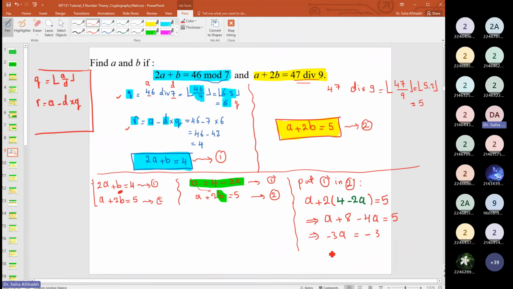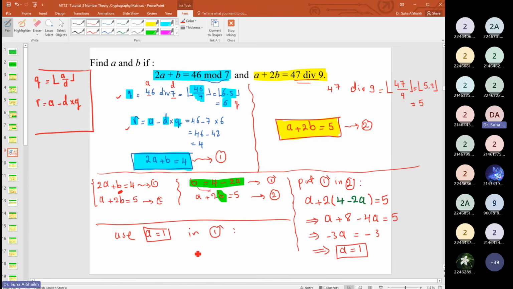Minus 8, I mean. This implies that A is equal to 1. Okay? So we got our A. Now use that A equal to 1 in equation 1 dash.